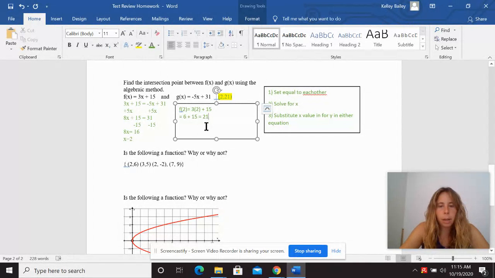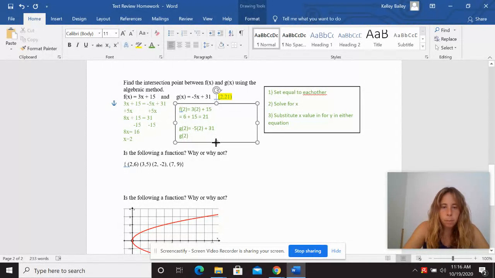2, 21. Okay, but then if I were to substitute it, I'm just going to prove this to you. You only have to pick one. I'm going to do both. I'm going to substitute it in for g of x. So I'm substituting in 2 equals negative 5 times 2 plus 31. Equals negative 5 times 2, negative 10, plus 31 equals 21.